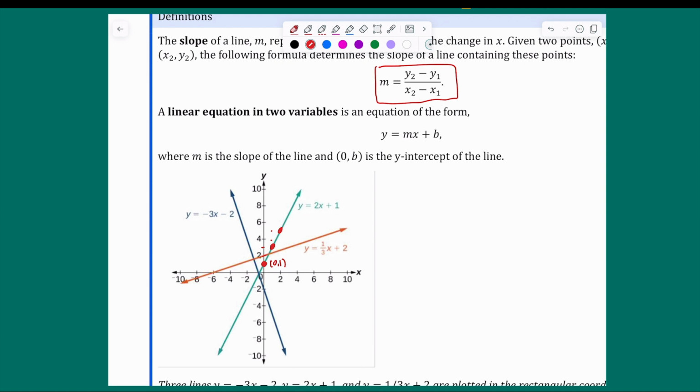That's how you might think of it as well. And you could tell by the slopes for each one of these lines which line is steeper. If you look at the orange and green lines here, we have slopes of 2 and 1/3. So the line y equals 2x plus 1 is steeper than the line with m equal to 1/3. However, we have a line y equals negative 3x minus 2, and the slope there is negative 3.